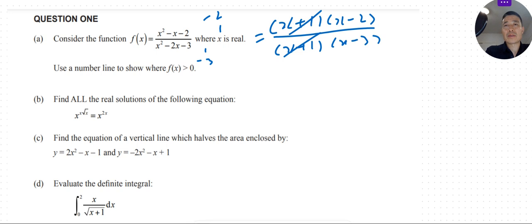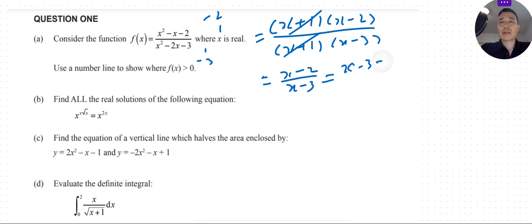It should be positive. So when you see x minus 2 over x minus 3, this should be a hyperbola, right? So I'm going to rearrange this. I have to manipulate this. X minus 3 plus 1 is x minus 2, isn't it?